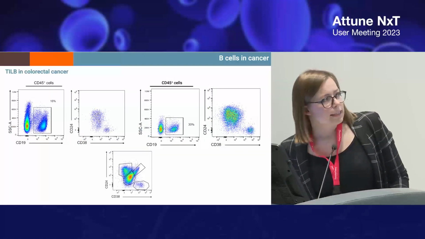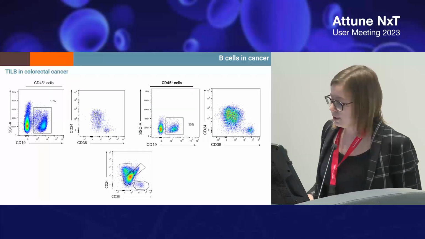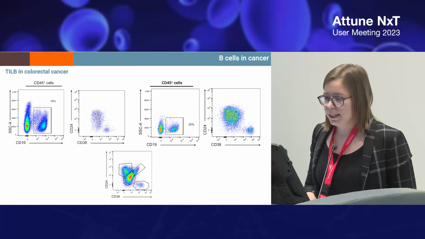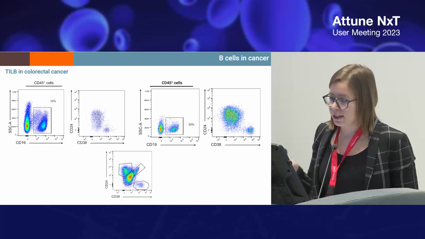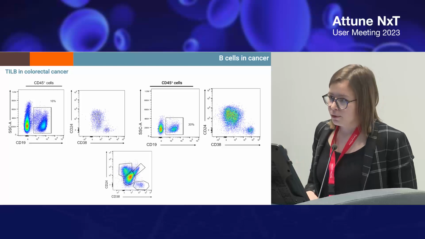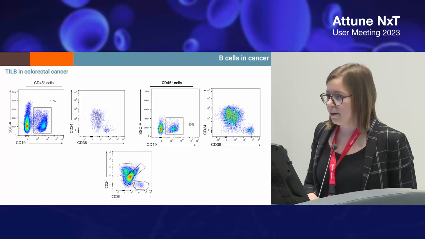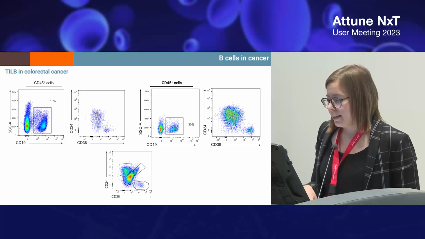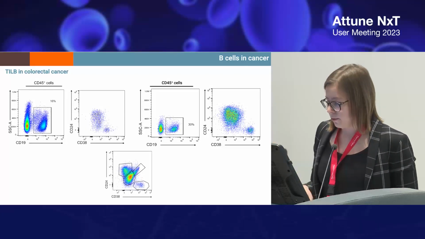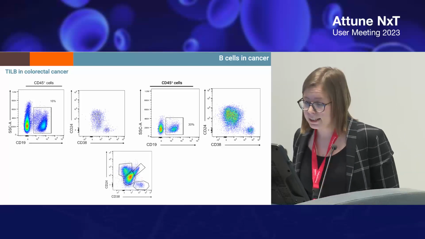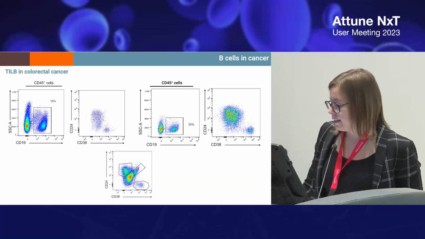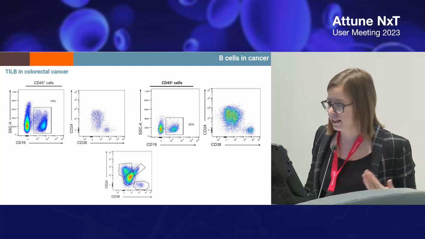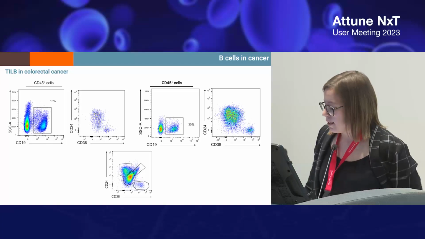So we applied the same panel to two different examples of tumor infiltrating B cells in cancer. We first added, of course, the CD45 marker to identify the immune population, and we applied the same panel that I just explained. But the problem is that in this case the gating is more difficult.